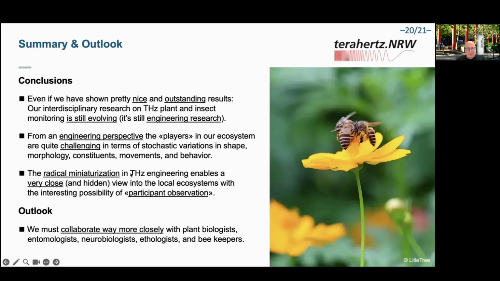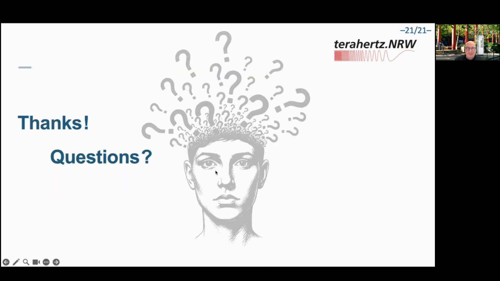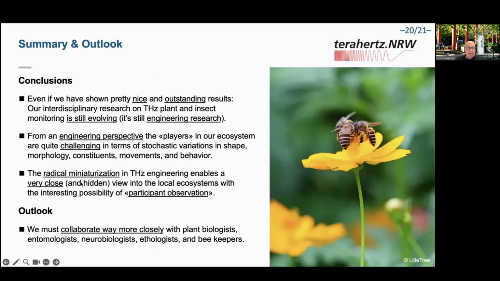So the radical miniaturization that terahertz engineering enables allows a very close and hidden view into the local ecosystem, a statement that I already made before, with an interesting possibility of what I would claim is participant observation. The term participant observation actually comes from ethnography, where sociologists dive into an alien society in order to carry out research on social interaction and so forth.